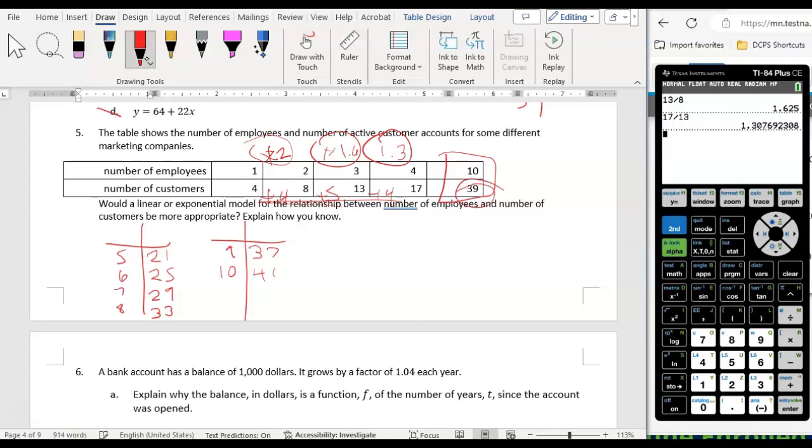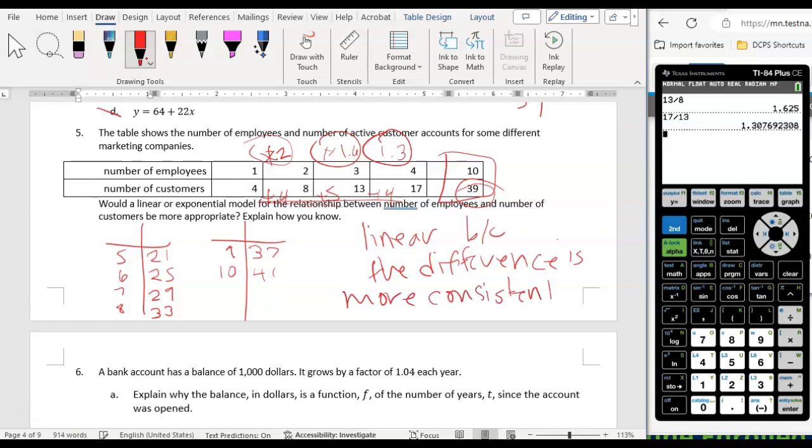So this doesn't seem to be an exponential relationship. It seems to be a little bit more linear because the difference is more consistent than the factor, right? So each time we'd be multiplying by a different number.